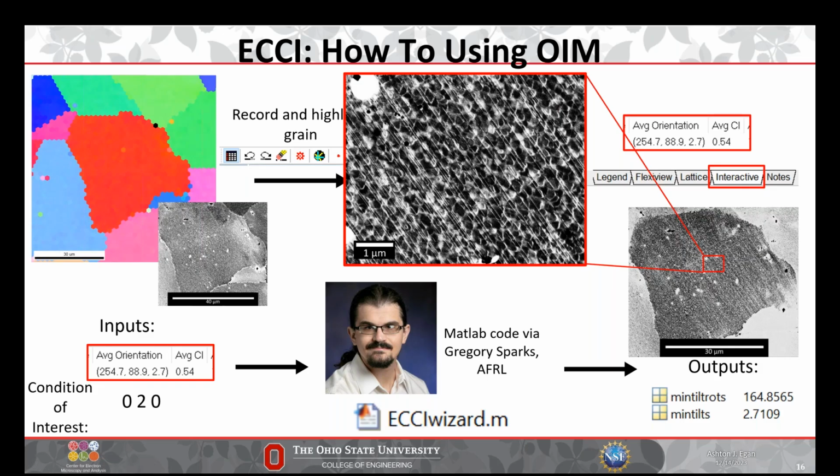Then you can figure out how much tilt and rotation it would take to put that vector parallel to some given, for instance, 020 type net vector.